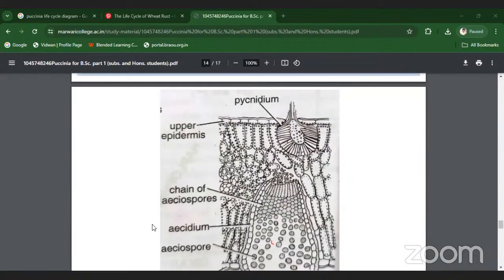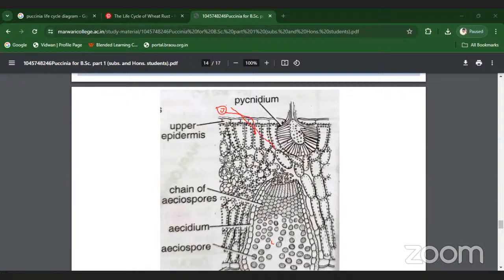Right. So this is the barberry leaf internal structure. First of all, the basidiospore infects the barberry and a germ tube forms.